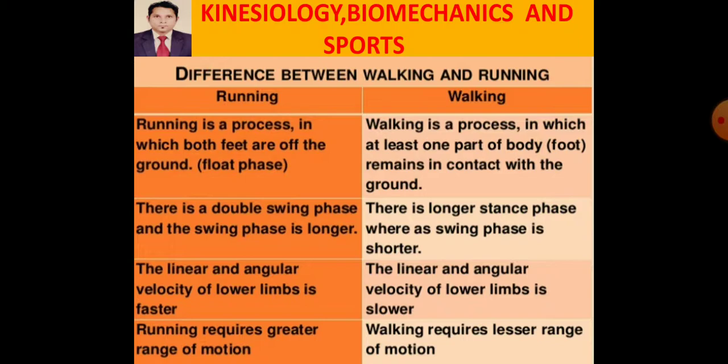In case of walking, there is a longer stance phase, which we will discuss further, while the swing phase is shorter. In running, the linear and angular velocity of the lower limb is faster. In walking, the linear and angular velocity of the lower limb is slower. Another difference is that running requires a greater range of motion and walking requires less range of motion.